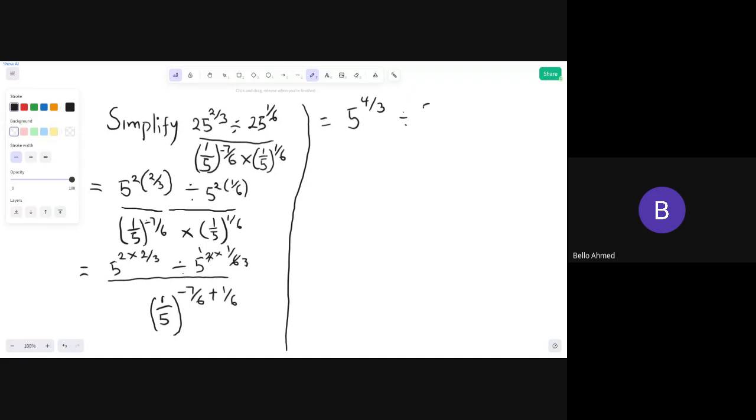Of what? 5 raised to the power of 1 over 3. Everything divided by the base, which is 1 over 5. Then I will simplify this power here.